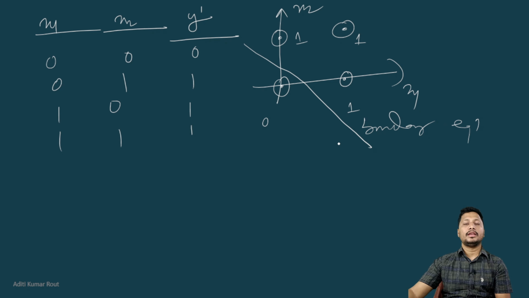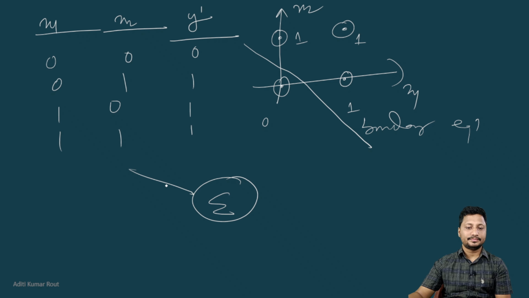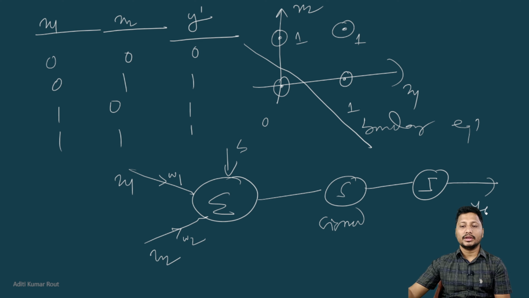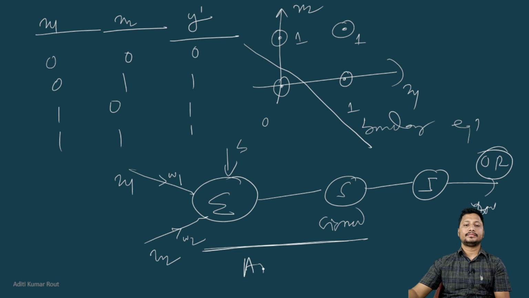If you implement it in a neural network, you have your x1, x2, W1, W2, and this is your B, and you pass through a sigmoid function, then finally you pass through a classifier and you get the output. This is your OR gate, and these two parts are basically your artificial neural network.